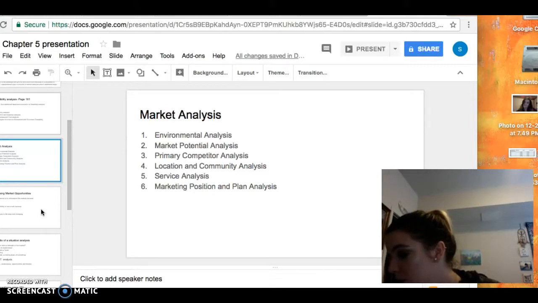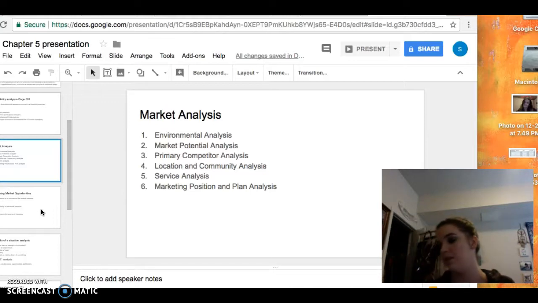And then service analysis. What services and facilities must be provided to match the needs of potential customers? Since we consider ourselves mostly a business hotel, we're going to want to cater to those people by providing meeting spaces, a computer area for printing and researching as well.